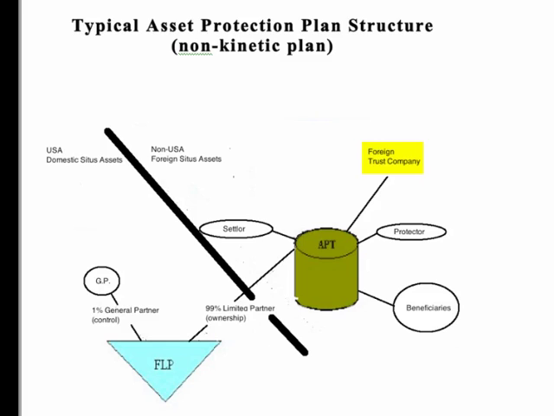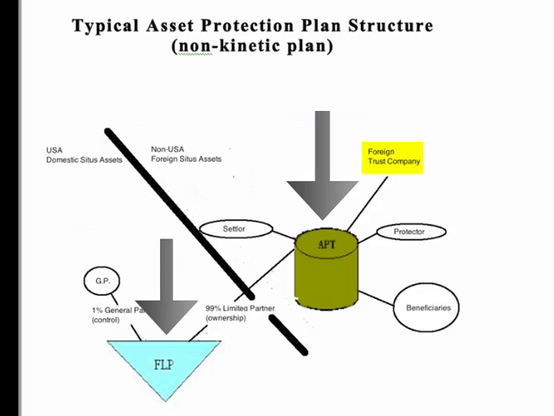The only difference between assets sitting here in the family limited partnership with an account, say at Bank of America with $1 million in it, and the asset protection trust with an account at Credit Suisse with $1 million in it, is that with respect to the blue assets, the family limited partnership assets, all you're relying upon is the first rule: what you don't own can't be taken from you.